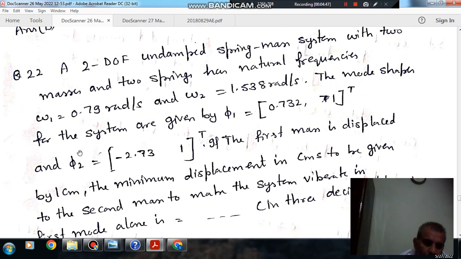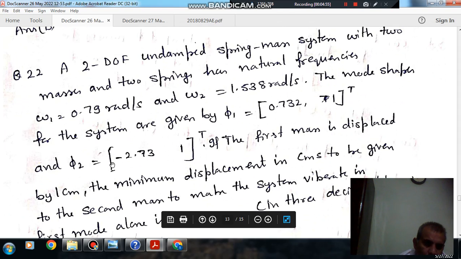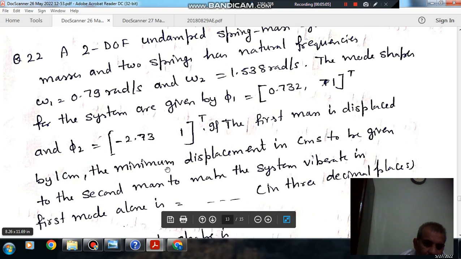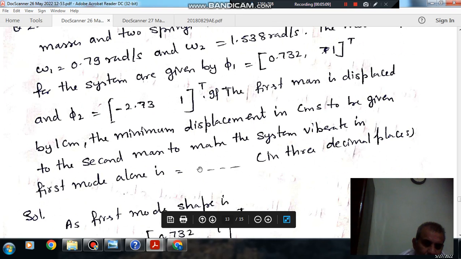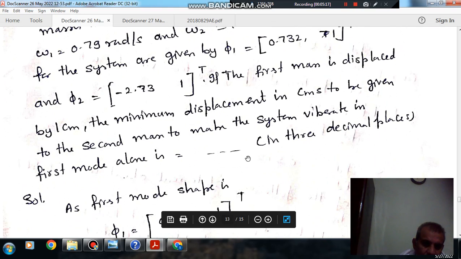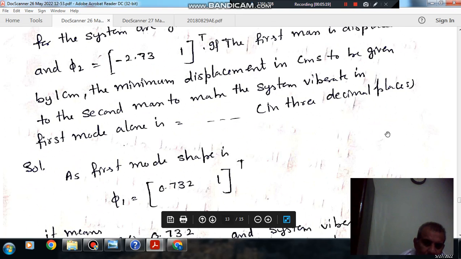The mode shapes for the system are given by phi 1 equal to [0.732, 1] transpose and phi 2 equal to [minus 2.73, 1] transpose. If the first mass is displaced by 1 centimeter, the minimum displacement in centimeters to be given to the second mass to make the system vibrate in the first mode alone is dash, in 3 decimal places.